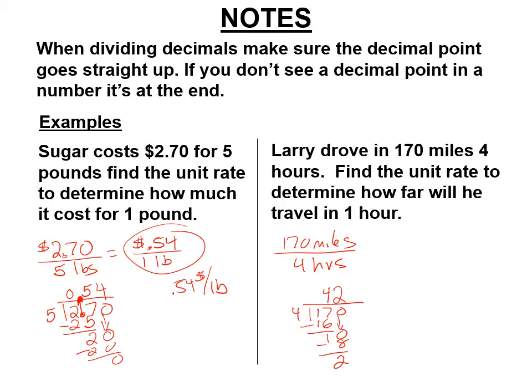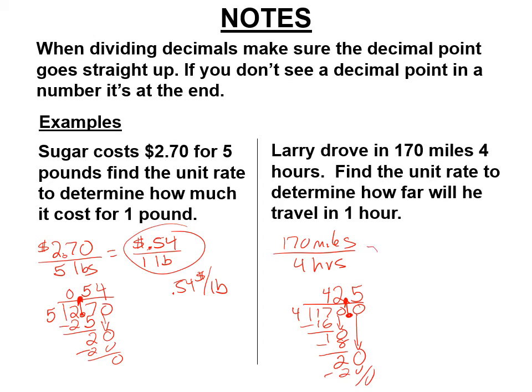Before you bring this 0 down, because I'm sure that's the first thought, you have to get this decimal point up. Do not wait and do it later. The people who wait and do it later, some of them forget the decimal point. Don't be those people. You bring 170's decimal point straight up, then you bring the 0 down, which is what you always do in division when you're out of numbers. 4 into 20 goes 5 times, and you're done.